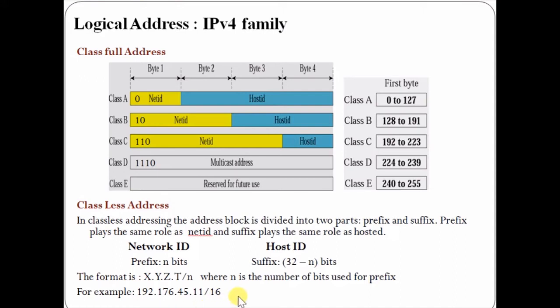This notation is called the CIDR notation. Here, 192 ranges between 192 and 223, so it looks like a Class C address, but it is not classful because we are using 16 bits as the network ID. So it looks like a Class C address, but actually it is a Class B type address. That's why this is a classless address.